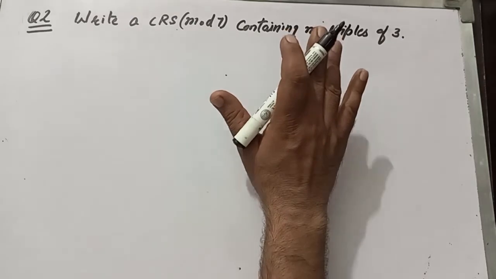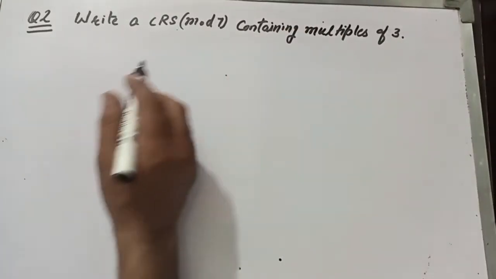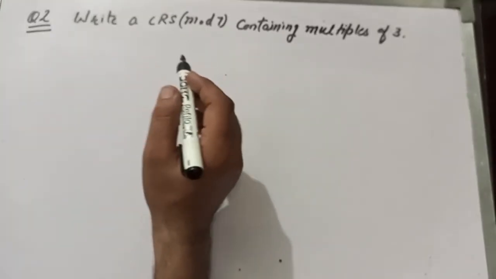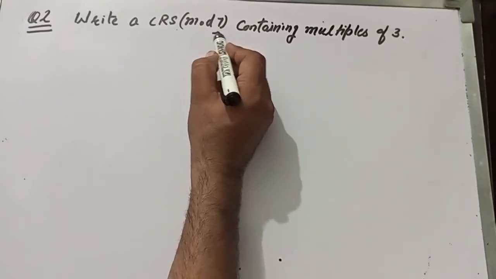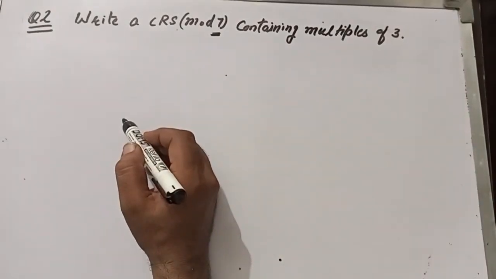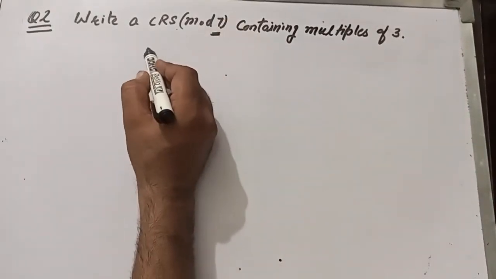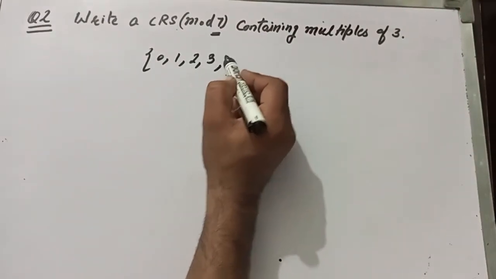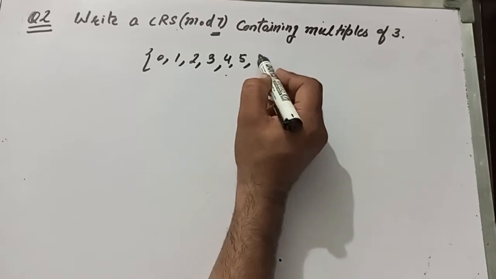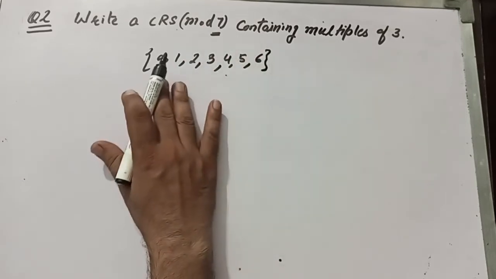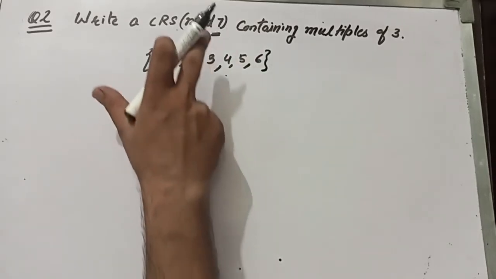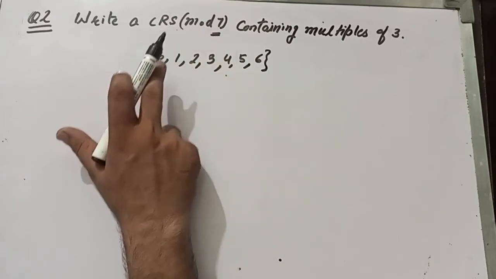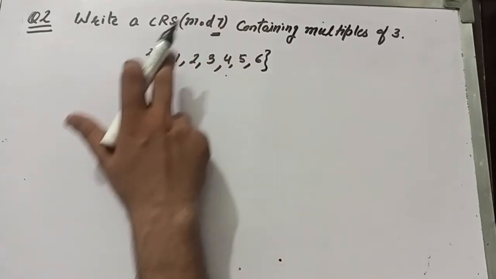So देखिए how can you do this? You have to find out the fundamental set of remainders of modulo 7, and you know that 0, 1, 2, 3, 4, 5, 6 are the remainders when any integer is divided by 7. So first you have to choose the remainders of 7.